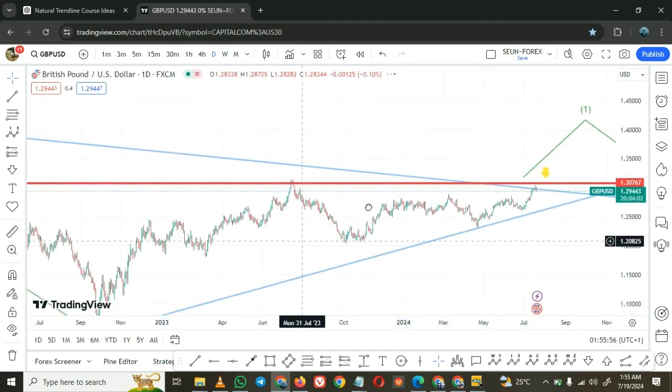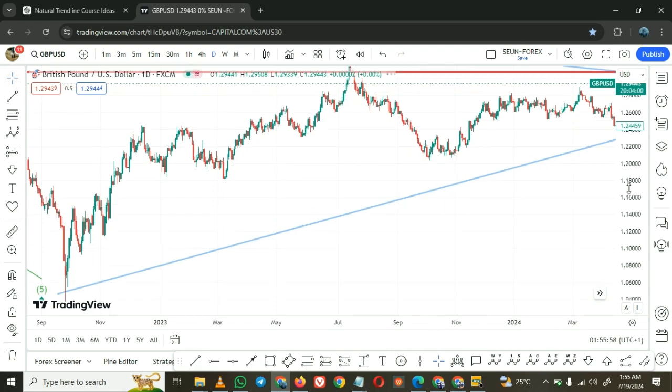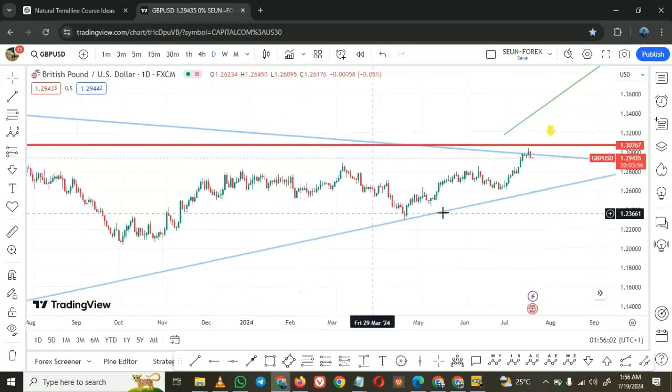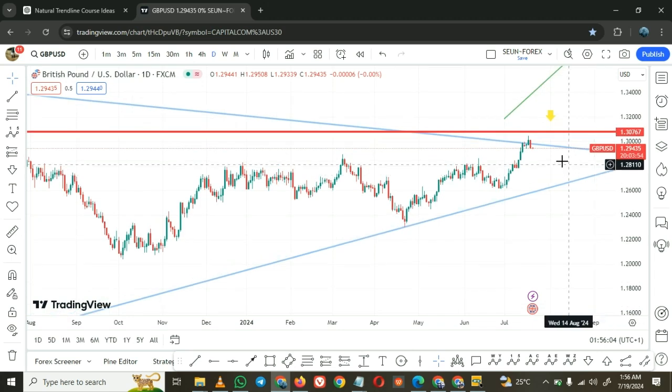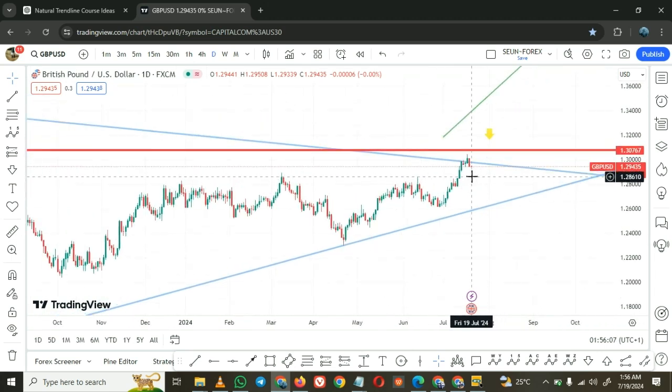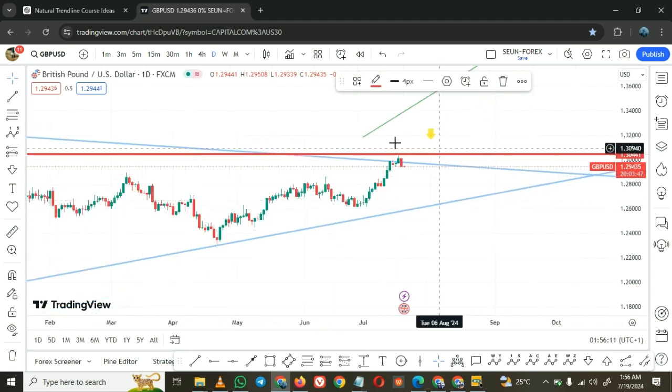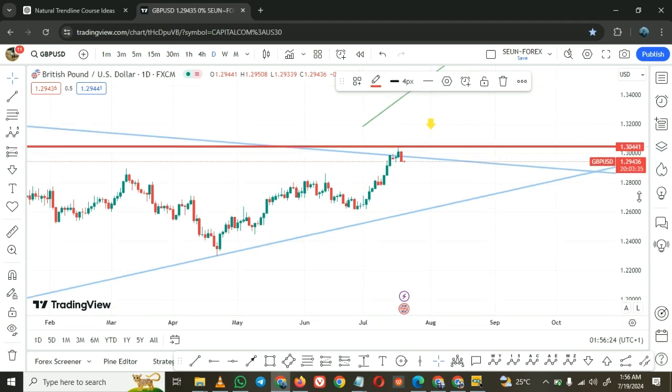In the daily time frame also, GBP USD has been buying, but currently the market has reached major key zones in the monthly time frame and is reacting to these key levels. So in the next episode, in the next course, I'll be talking extensively about candlesticks.